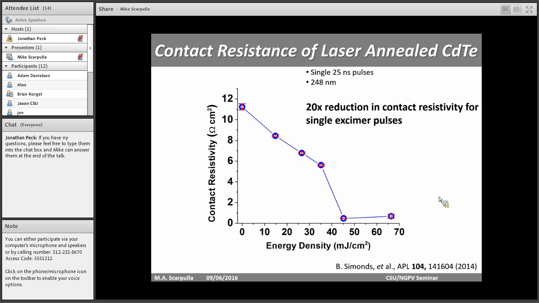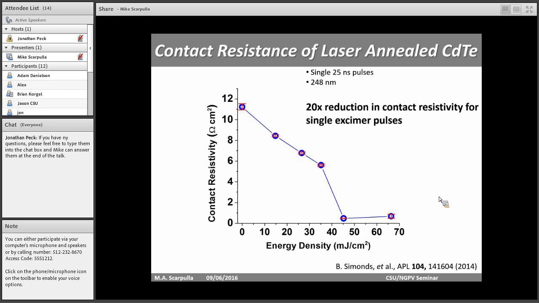Each of these experiments represents a different sample area that was exposed to a single excimer laser pulse, and then a TLM pattern was made and measured. And actually multiple TLM patterns were used in order to give us the statistics that give us those error bars.